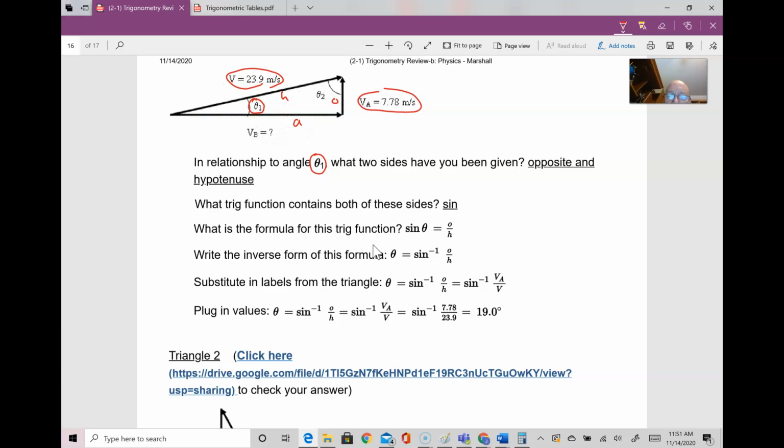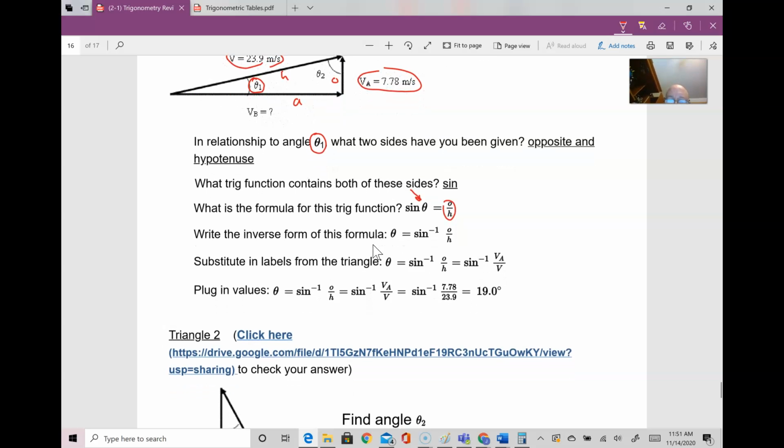And then I don't want this, I want the angle. So I'm going to take the angle over here, and then I'm going to say I need to use the inverse sine. That's what the power of -1 means. That's the inverse sine. I want to use the inverse sine on this opposite over hypotenuse.